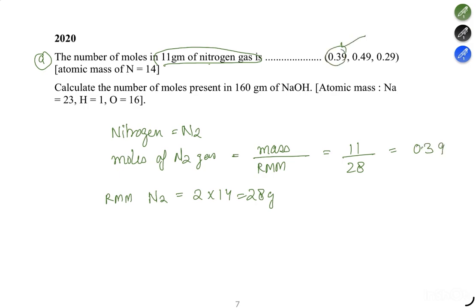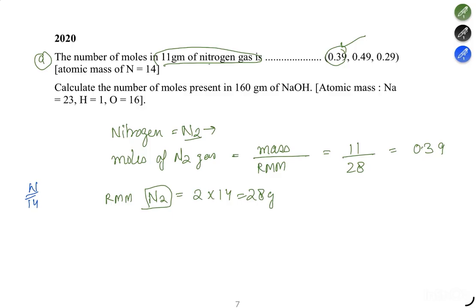Now what students get confused about in this question is that instead of taking the formula of nitrogen gas as N2, they take only nitrogen, which is 14. So they divide 11 by 14 and get a different answer, which is not given in the options here.